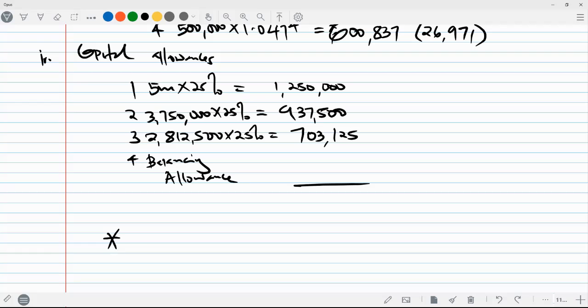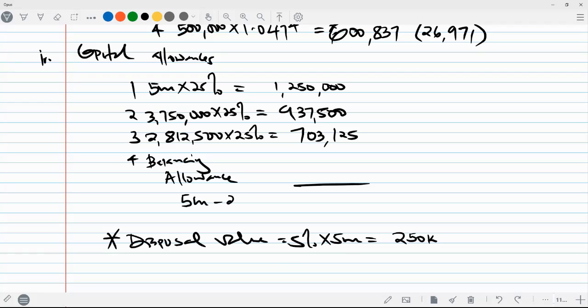So the disposal value of the asset, the scrap value, is 5% of 5 million, which gives 250,000. You spent 5 million but got back 250,000, so your net expenditure is 4,750,000. Therefore, how much do you claim in year 4?